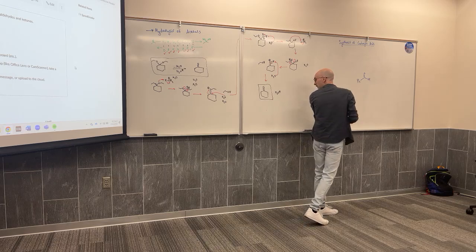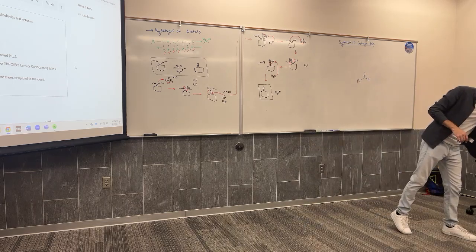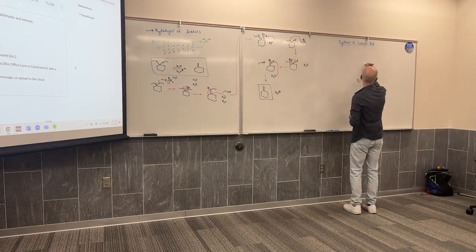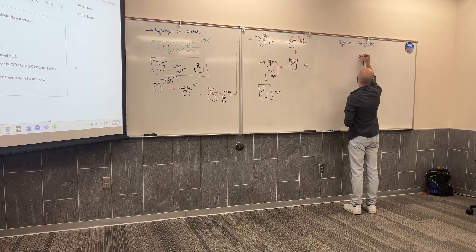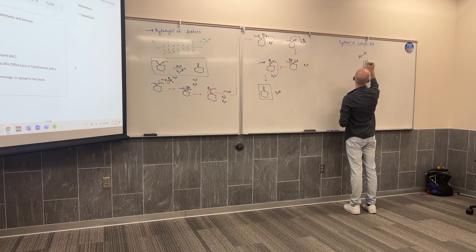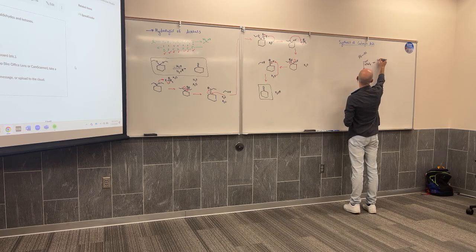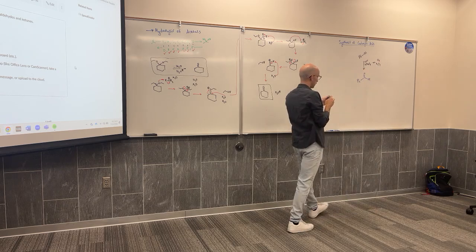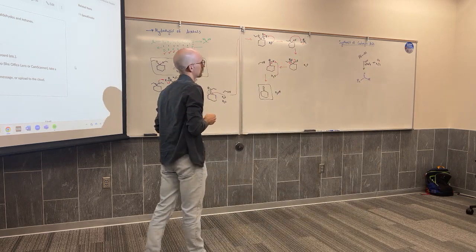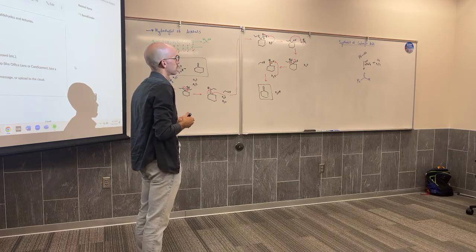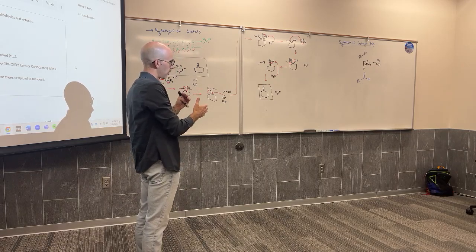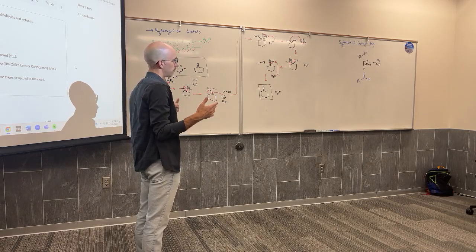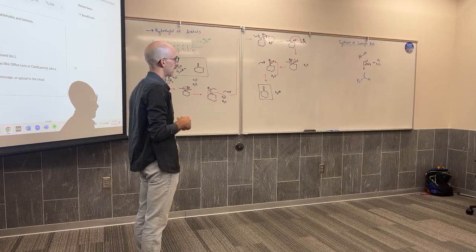One of the oldest methods for synthesizing carboxylic acids is by oxidative cleavage of alkynes. Take an alkyne, cut the carbons from each other, both sides will be carboxylic acids.